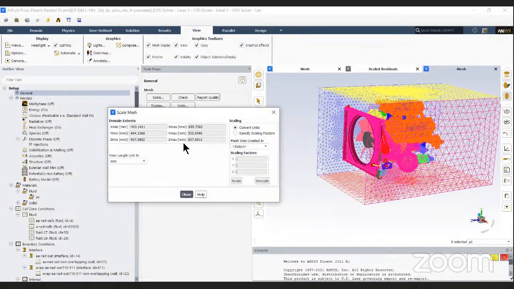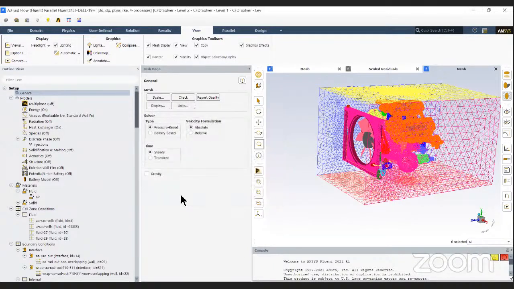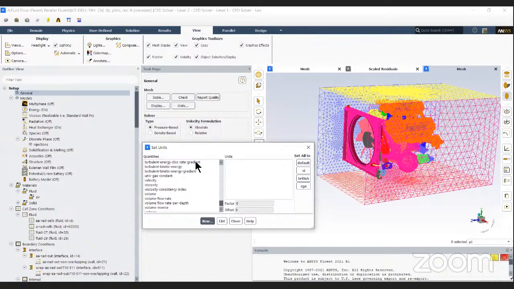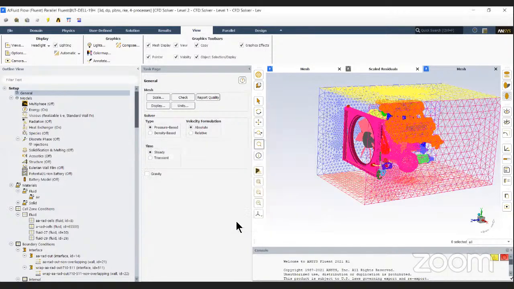So what units you are using for your length are very important, because I have seen cases in the past wherein you specify a certain rotation axis origin, and then the units are completely off, and then the fan flow looks completely absurd. So keep in mind the units that you select for length, temperature, and anything for that matter of fact. You can always look at the units over here and change the units as you deem fit.